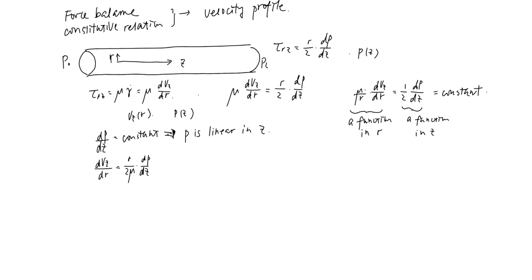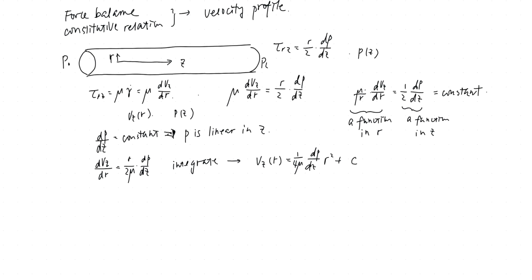So you can integrate both sides with respect to r. It gives you Vz as a function of r equals 1 over 4 mu dp dz r squared plus c.